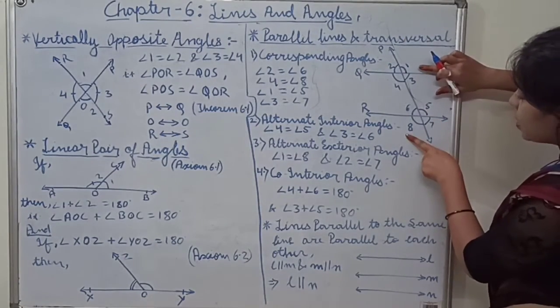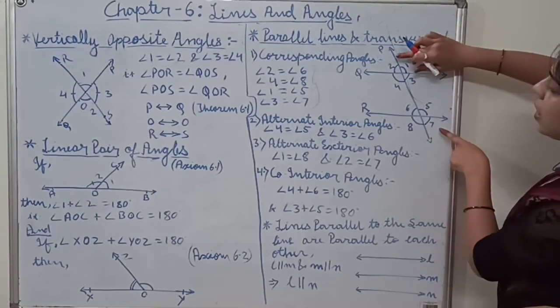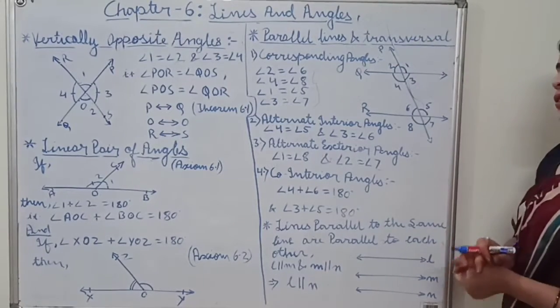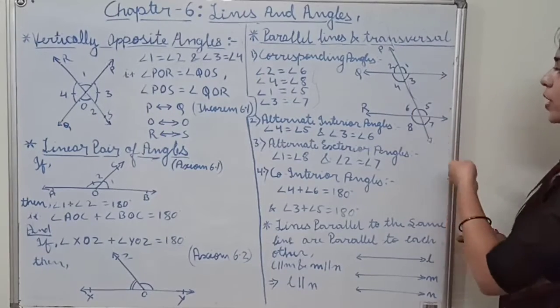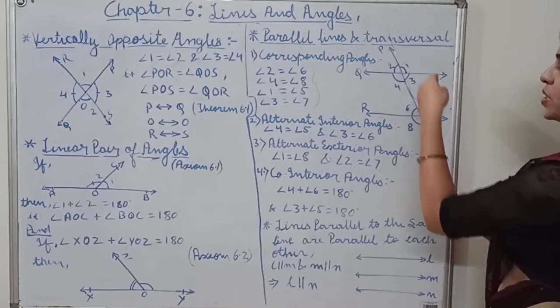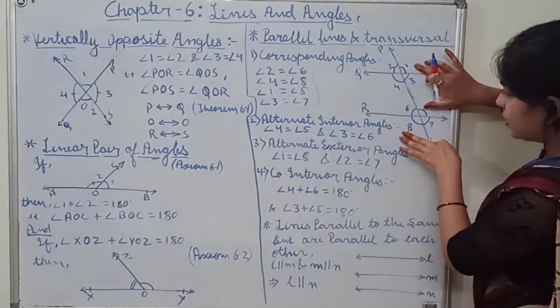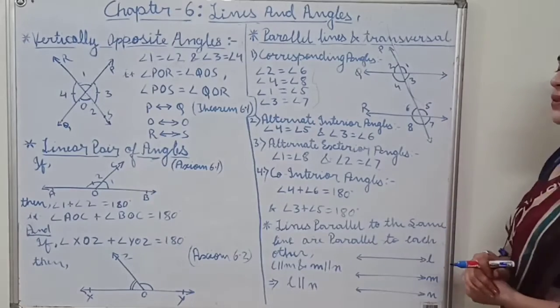So the pairs of alternate exterior angles are angle 1 and 8, and angle 2 and angle 7. If you are given that Q is parallel to R and P is a transversal, then the pairs of alternate exterior angles will be equal. Means angle 1 is equal to angle 8 and angle 2 is equal to angle 7.